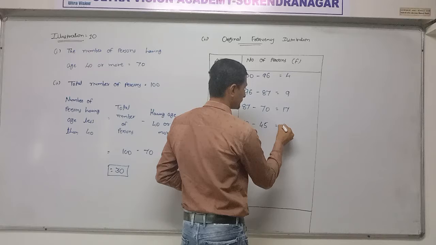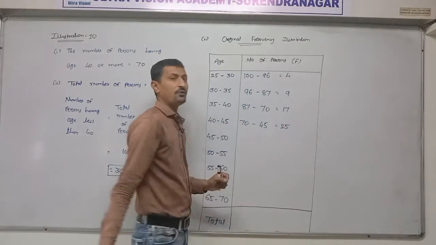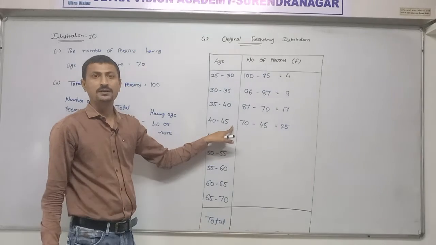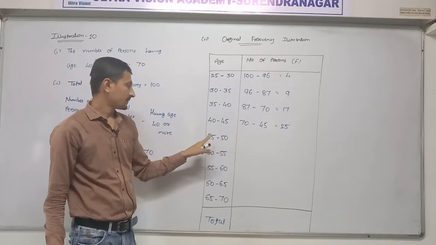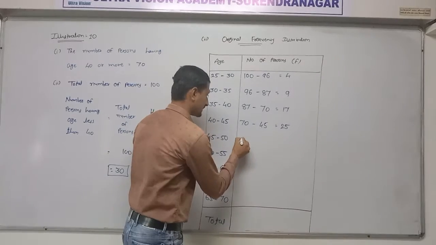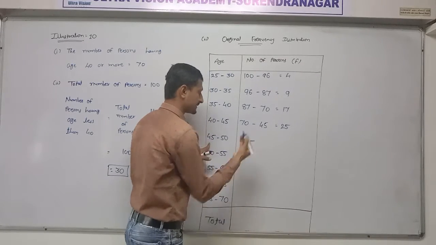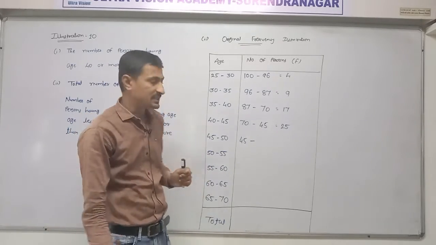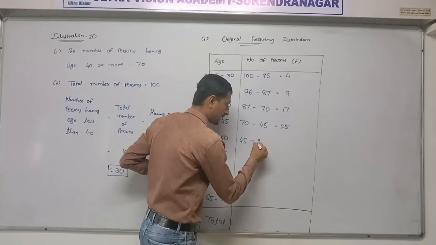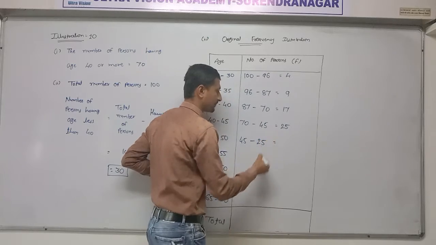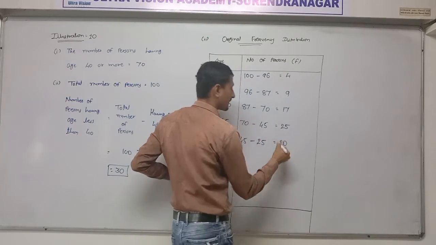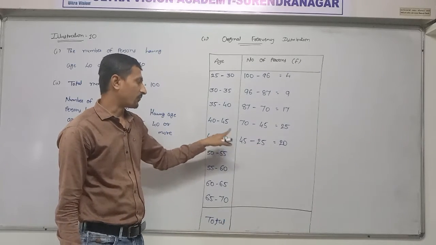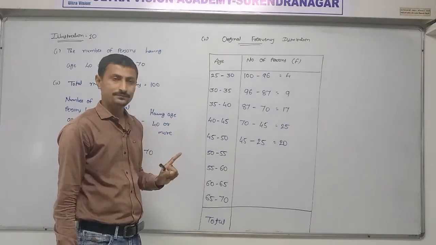So the difference is 25 persons having age between 40 to 45 years. Next, 45 minus having age 50 or more, number of persons 25. So 45 minus 25, the difference is 20. So 20 persons having age between 45 to 50.